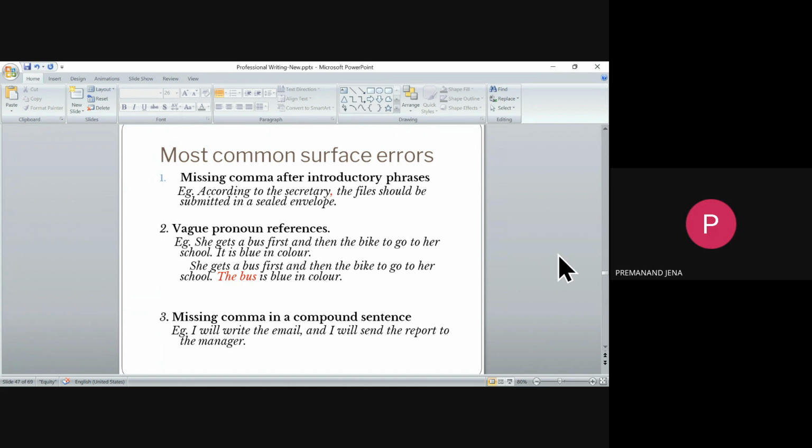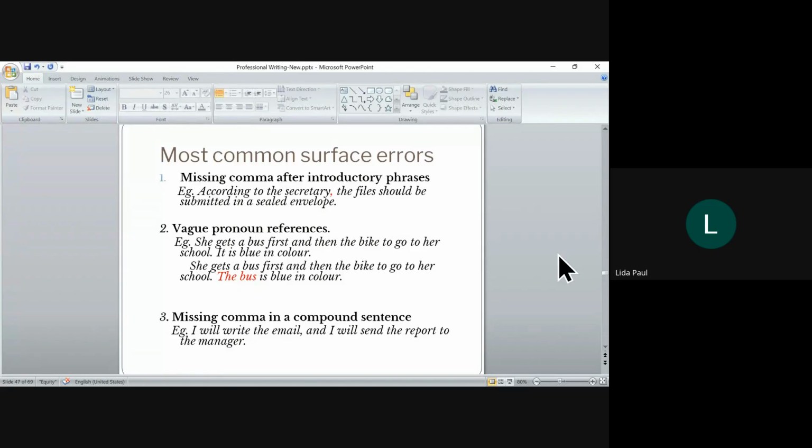Here she is using two modes of transport, but in the next sentence, the pronoun that is used is targeted to which mode of transport, it isn't clear. That isn't clear, correct, right? So vague pronoun reference, because with the it is blue in color in the first sentence, we do not know what it is pointing towards, right? We don't know whether the person is talking about the bus or the bike.